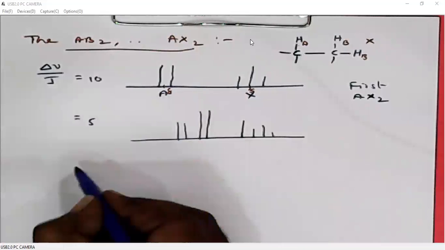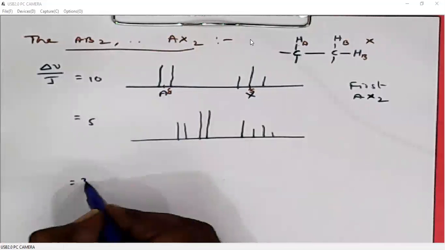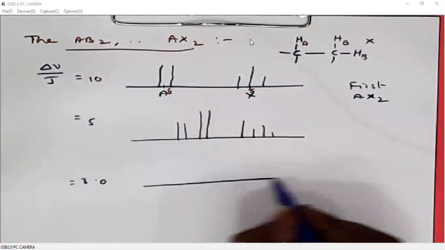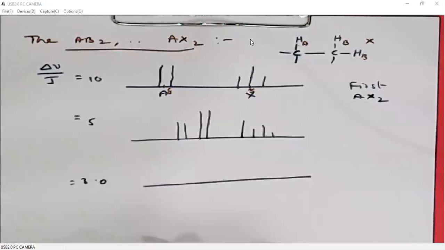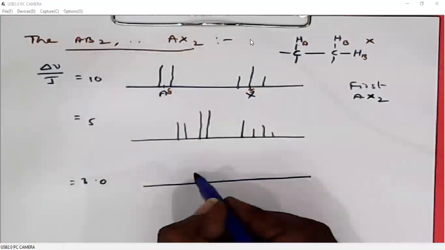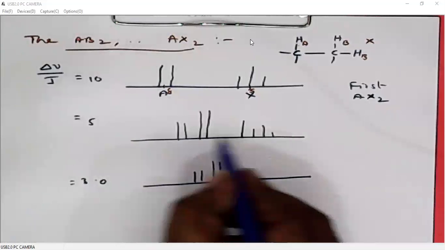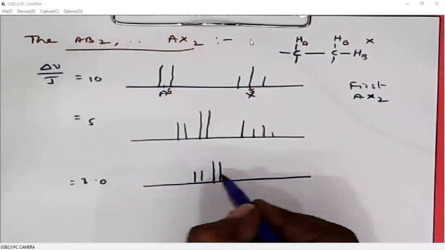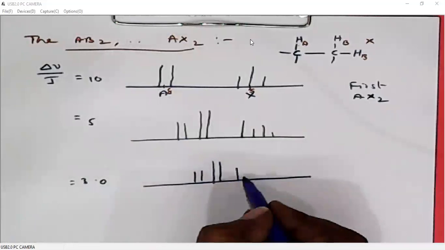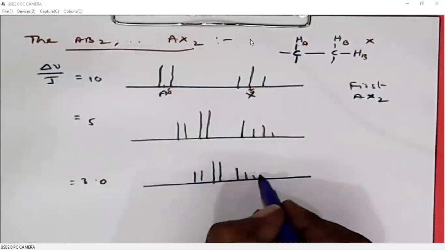When the value is 3, the complexity will further increase. That means the delta difference between these two peaks will further decrease. The complexity will further increase.